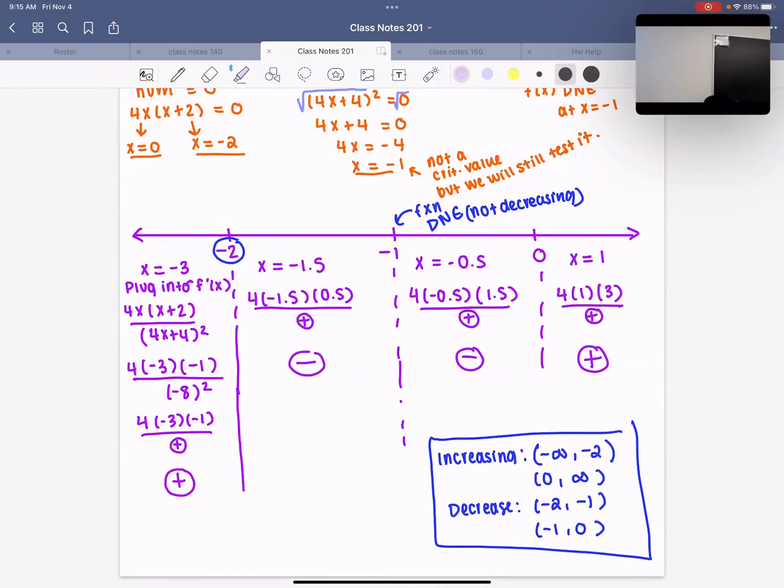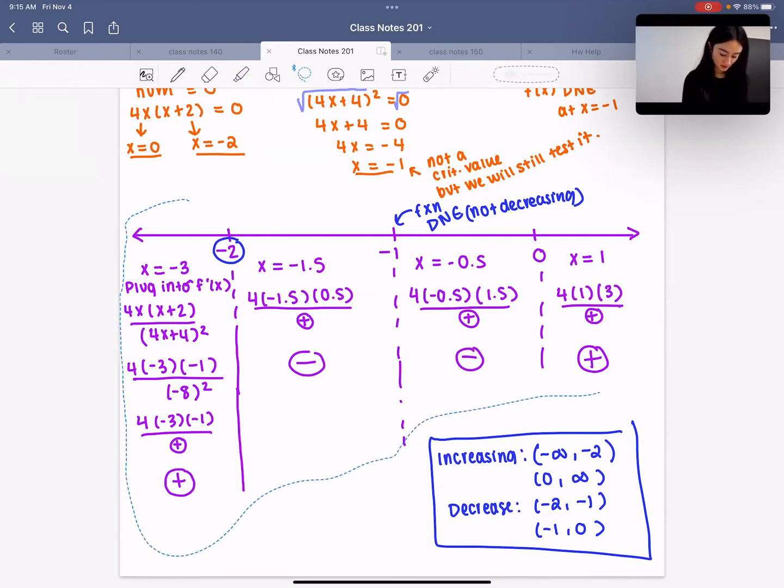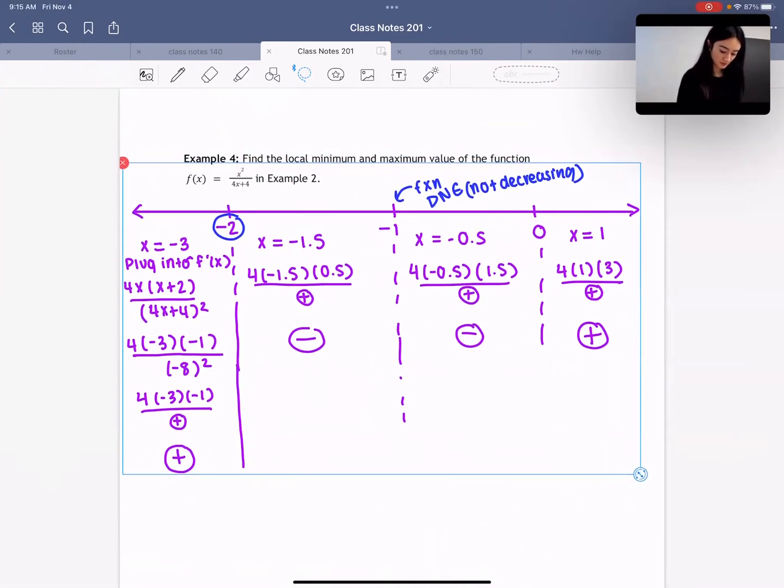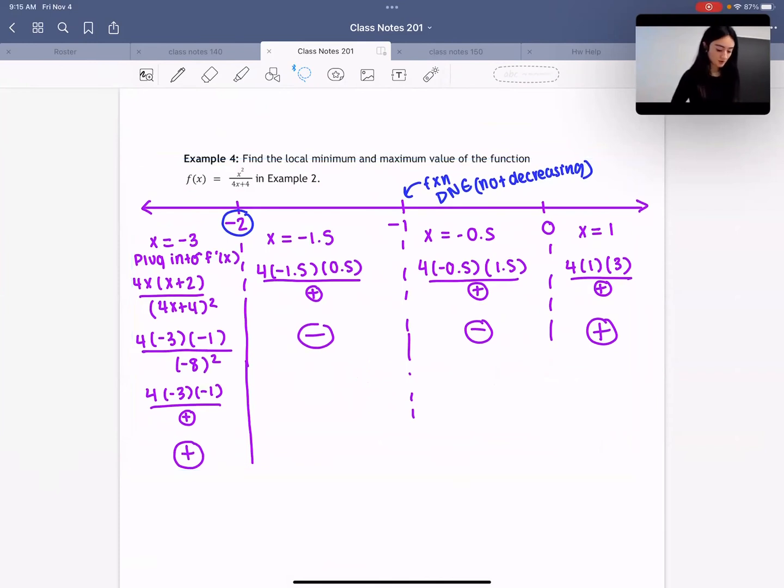All right, I know it's kind of weird flipping back and forth between the pages, so I'm gonna actually do this in front of the class because I want to talk about something real quick. I'm just gonna copy my chart here and then paste it over here. Okay. In this example, we found our critical numbers, right?